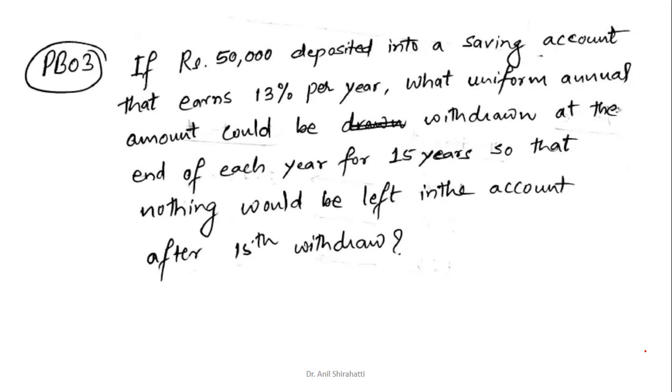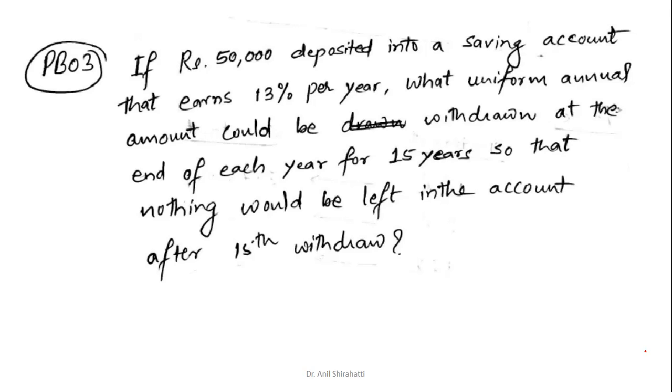Now let's go to the third problem. In this third problem, if rupees 50,000 is deposited into a savings account that earns 13% per year, what uniform annual amount should be withdrawn at the end of each year for 15 years so that nothing would be left in the account after the 15th year's draw?